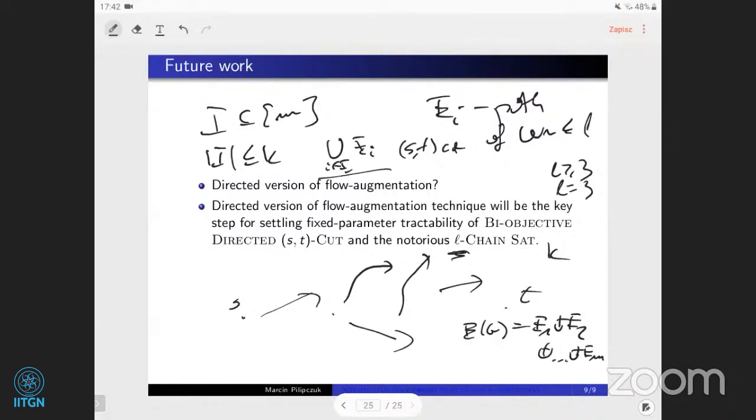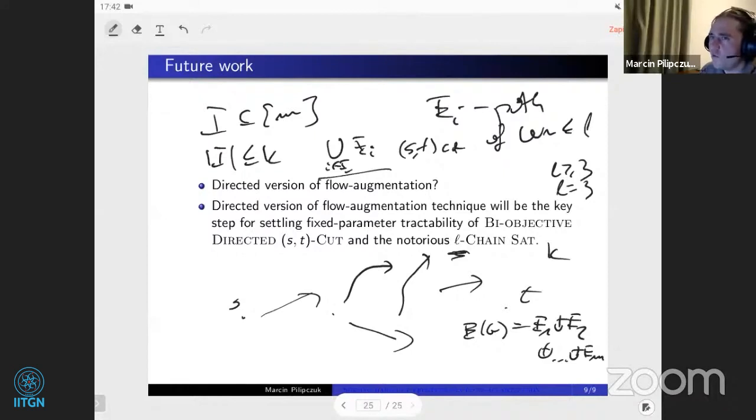If you have bounded length flow paths, things start to be easier, because you can guess which guy from the flow path is in your solution and augment everybody else. All these things become easy when there's a short flow path, because you can just branch on which guys are in orange and which are not, or which are on the S side and which are on the T side, and get rid of one of the orange edges for free, essentially.